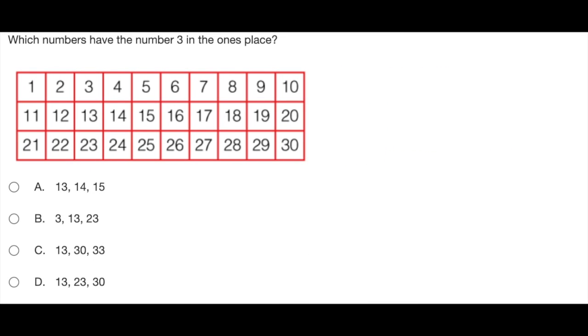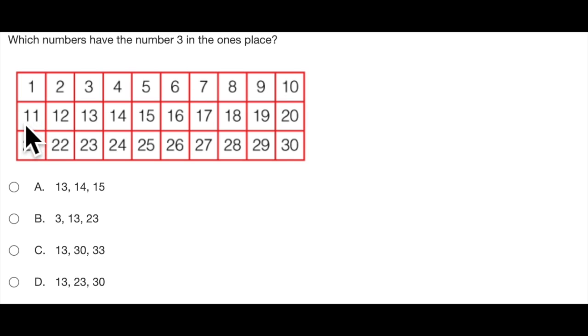This last question we're going to look at says, which numbers have the number 3 in the ones place? To answer this question, you really need to understand the difference between tens and ones. Remember, when we count up one at a time, we move from left to right.